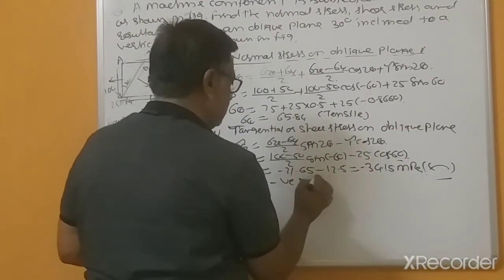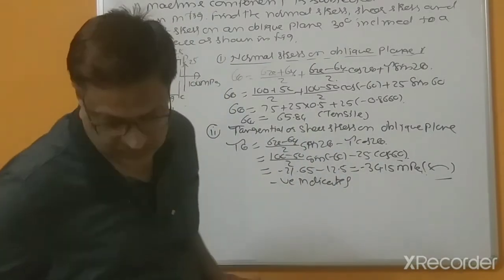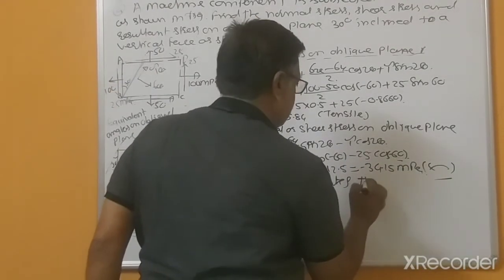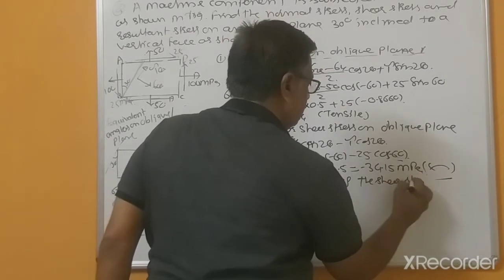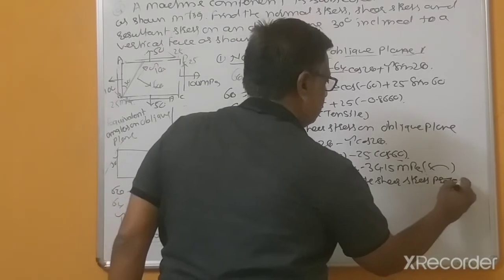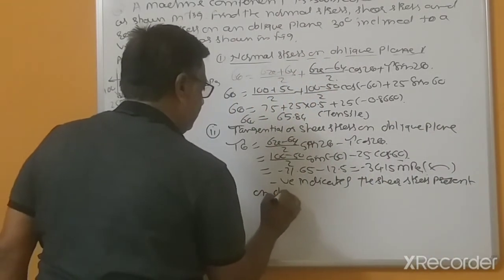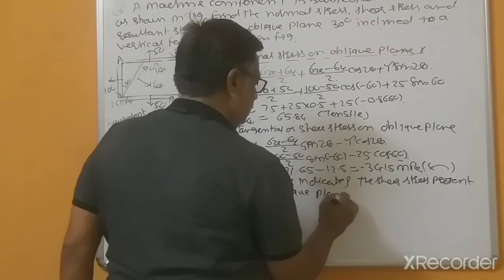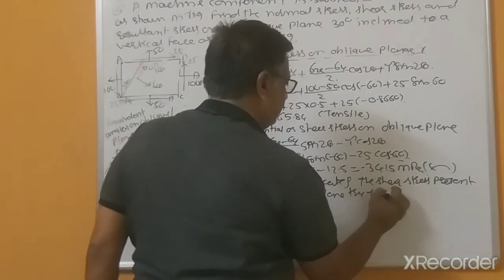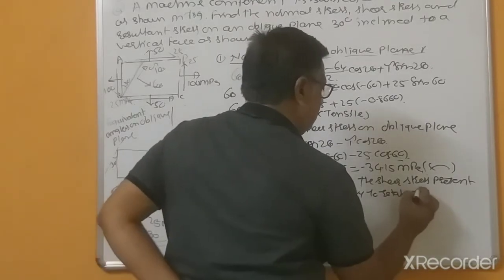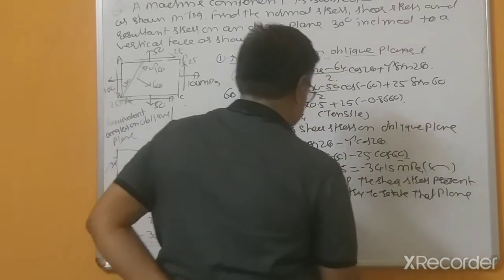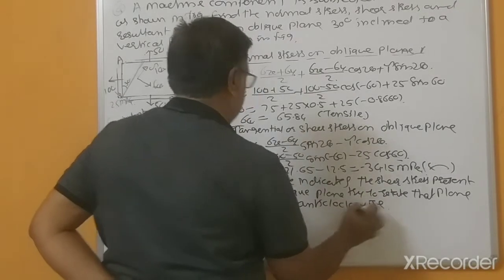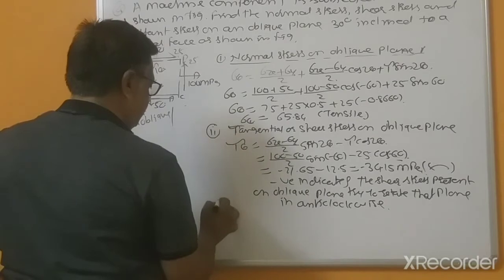The negative sign indicates the shear stress present on the oblique plane tries to rotate that plane anti-clockwise. The wording may change in different books.